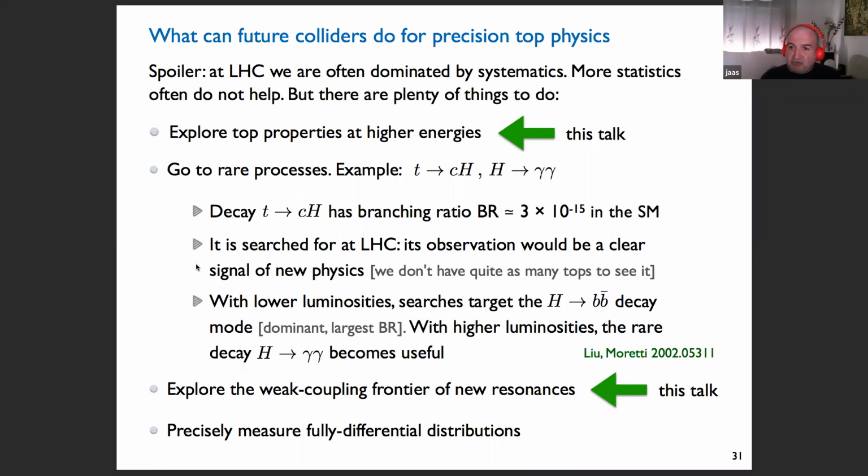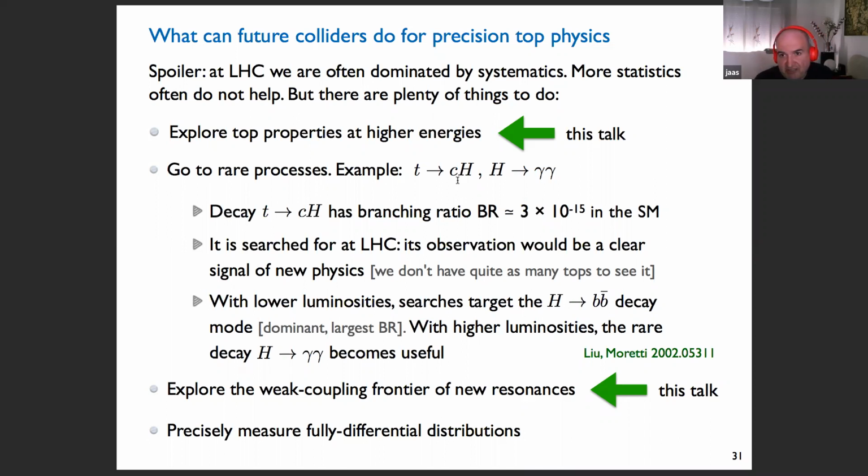One thing that you can do is to explore the top properties at higher energies, high Q. I will mention that in this talk. Another thing that you can do is to explore rare processes. For example, this one I have briefly mentioned. This is a rare decay. The branching ratio is 10 to minus 15 in the standard model.